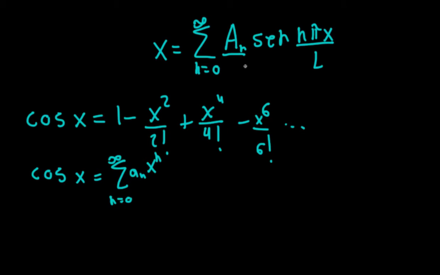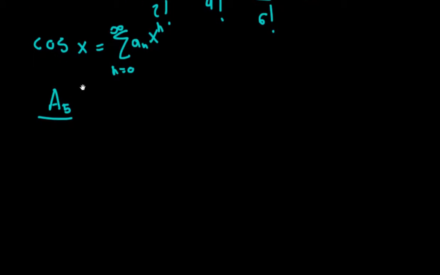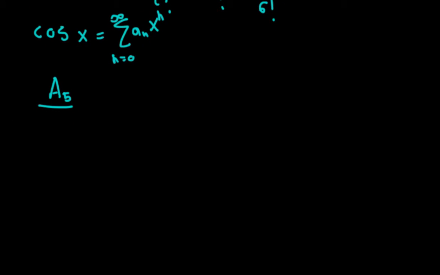All right, so how do we find the constants? Let's try to find, for now, a5. So how do we find it? It may be useful to write the summation in a long way. We have a0 times the sine of 0 plus x over L, so this whole thing is 0.